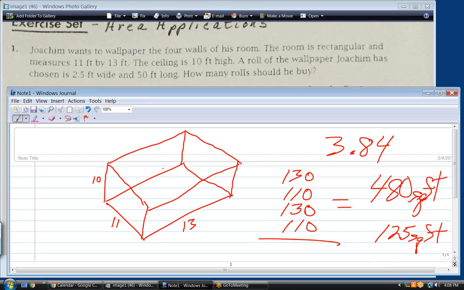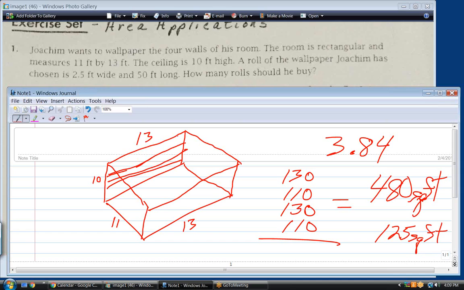Well, if I look at this problem, I can see that this wallpaper is almost perfectly going to cover. If I lay the wallpaper like this, that's 2.5 feet that way, then it perfectly covers one wall up to down, and that would be 13 feet, would take up 4 rolls.